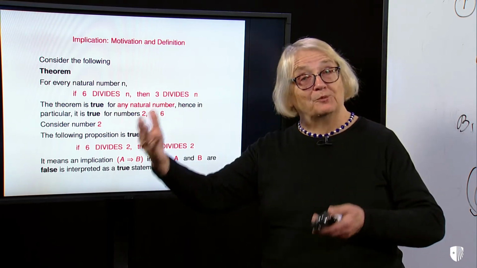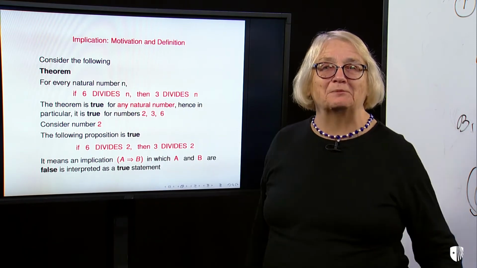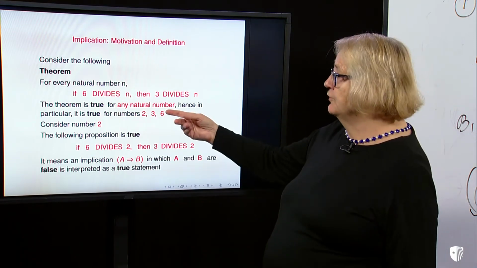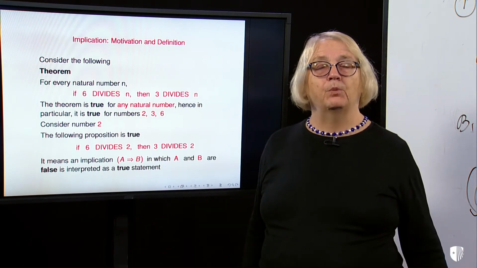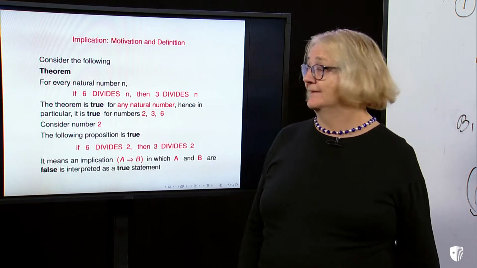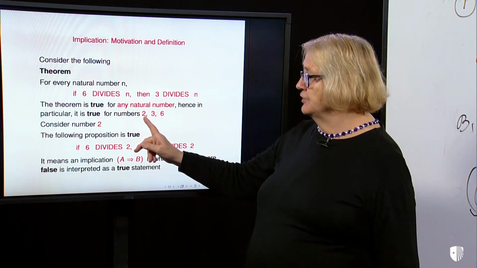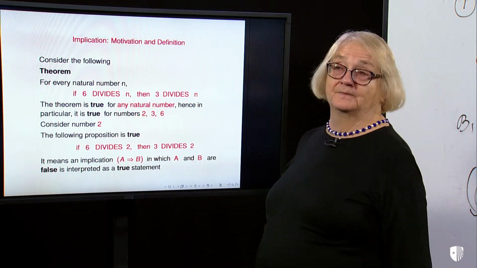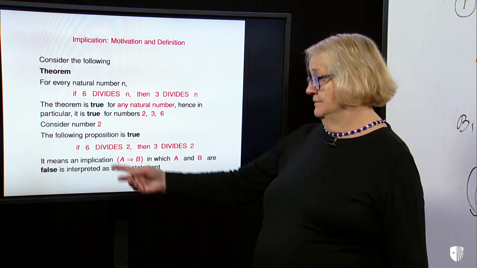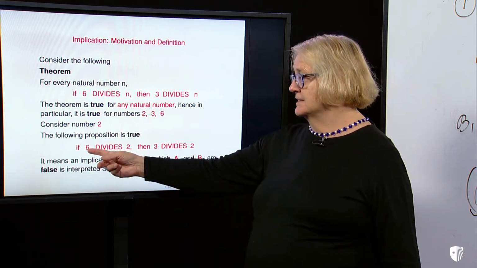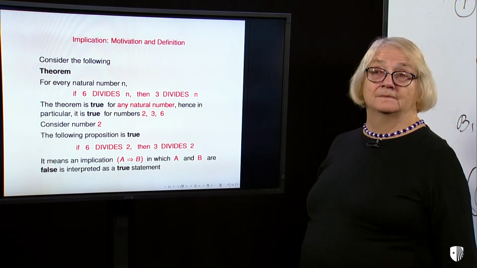If n is divisible by 6, and 6 is divisible by 3, then n is divisible by 3, right? This is true for all natural numbers, a basic, important fact in arithmetic. So of course it's true for 2, 3, and 6. If you say n is 2, you have the statement: if 6 divides 2, then 3 divides 2.